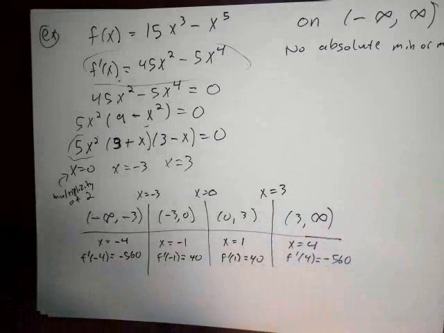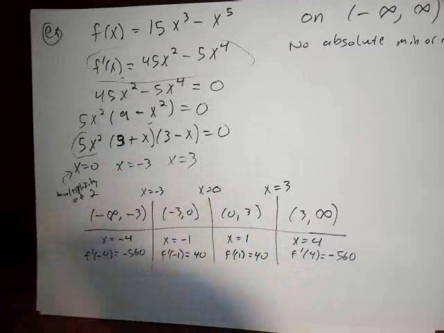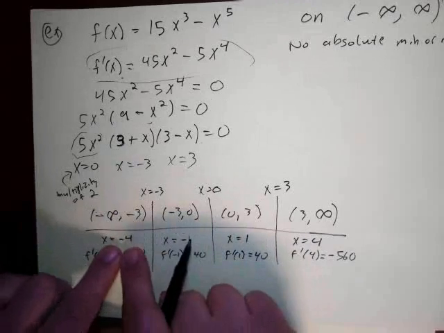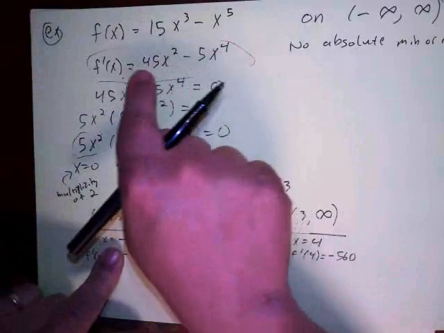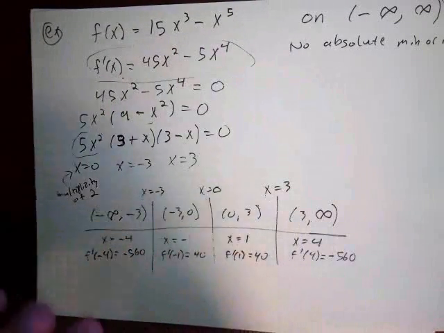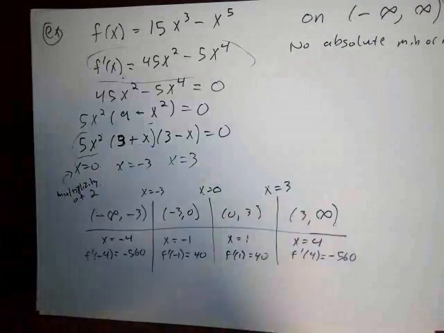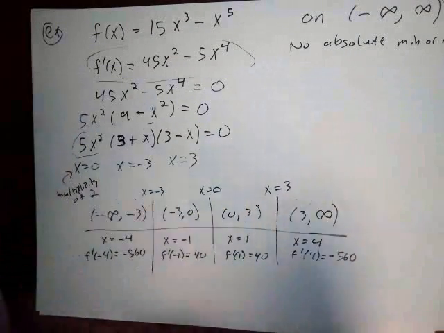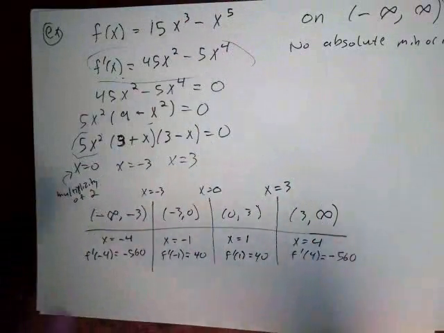Okay, now let me just make a point here. You want to be very careful, because when I did this originally, I took the test points and I plugged them back into the original function, and I did not plug them into the derivative. And I was able to go through and do the problem and find mins and maxes, but it was not right. I got it wrong. So when I graphed the original function, I was confused.